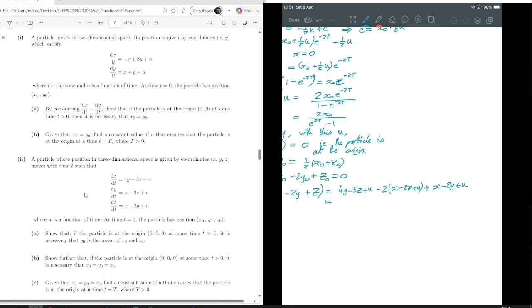We've got minus 2x plus an x, that's a minus x. You've got 4y minus 2y, that's plus 2y. We've got minus 5z, we're adding 4z, that's a minus z. And the u's, again, have cancelled out perfectly.